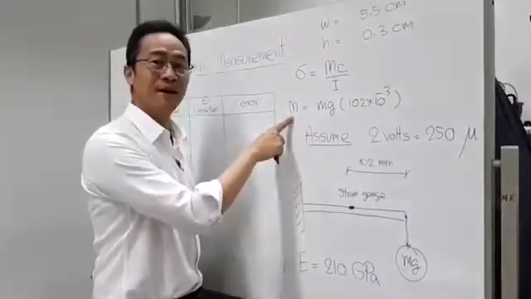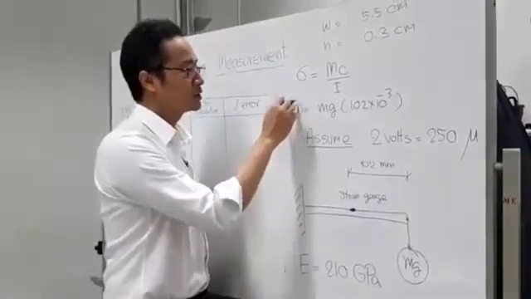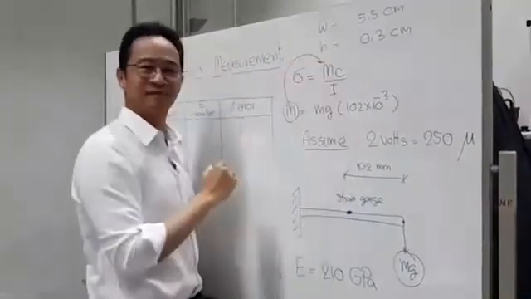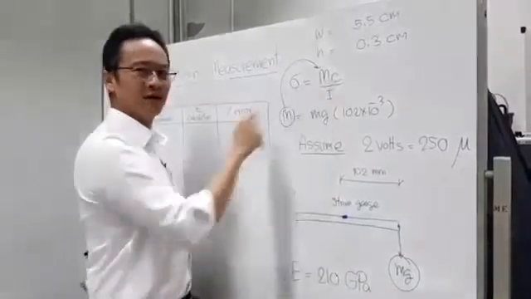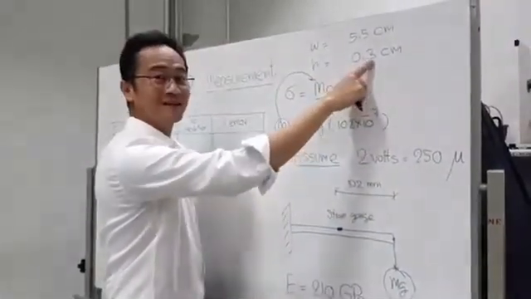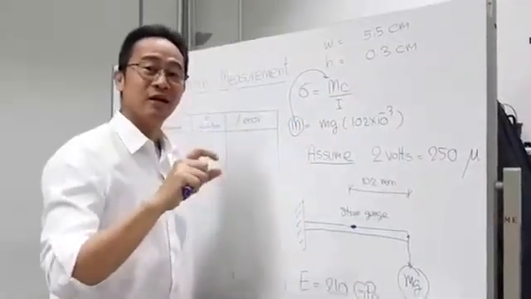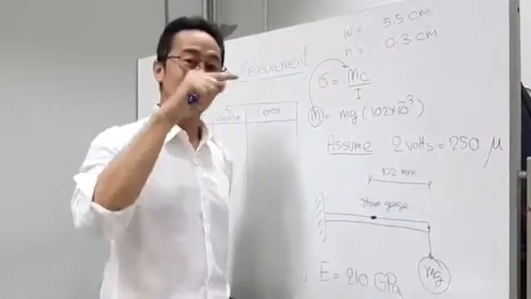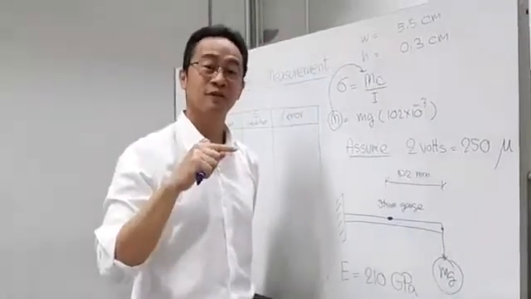So if I have the bending moment, I'm going to substitute it in. What is the height? The height is 0.3 centimeter, isn't it? The maximum normal stress always happens at the top or the bottom of the surface.